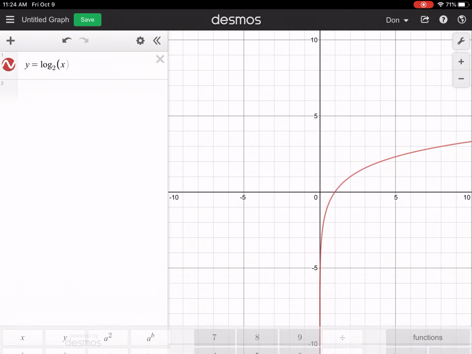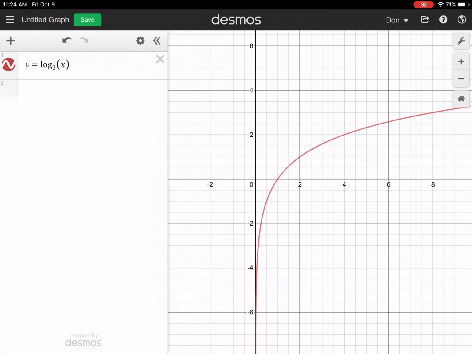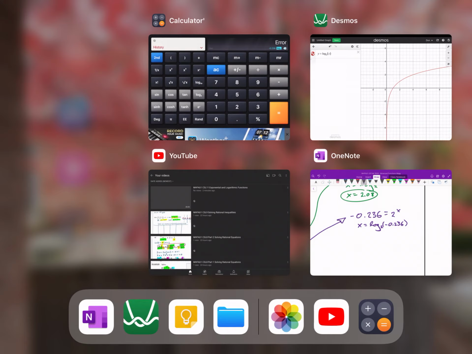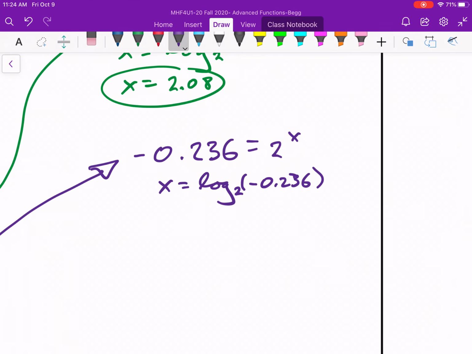There's our function. Remember how we have a vertical asymptote on the y-axis. X cannot go below 0. It's not defined for values less than 0 of x. So when we try to calculate the x value, trying to take a log of a negative number, it doesn't make sense. And so that's where we get our error from.